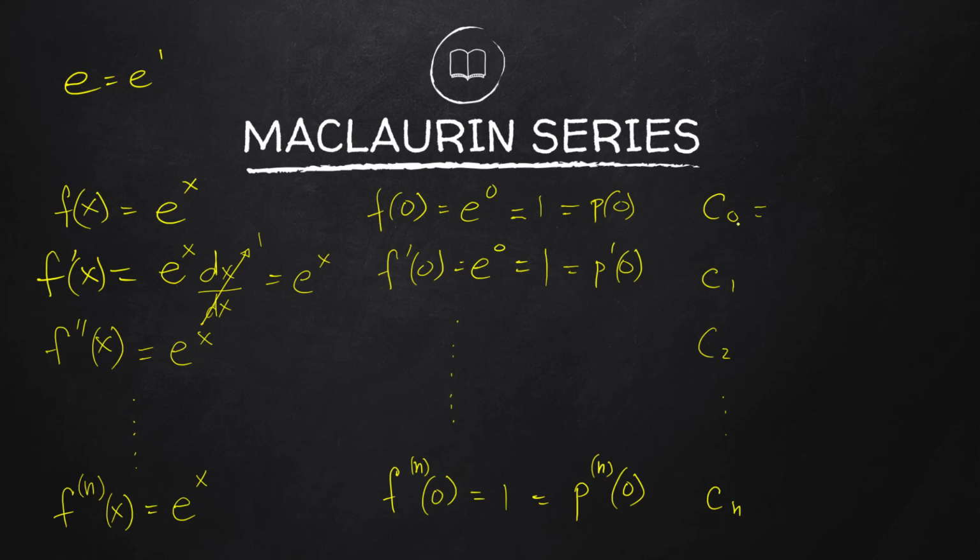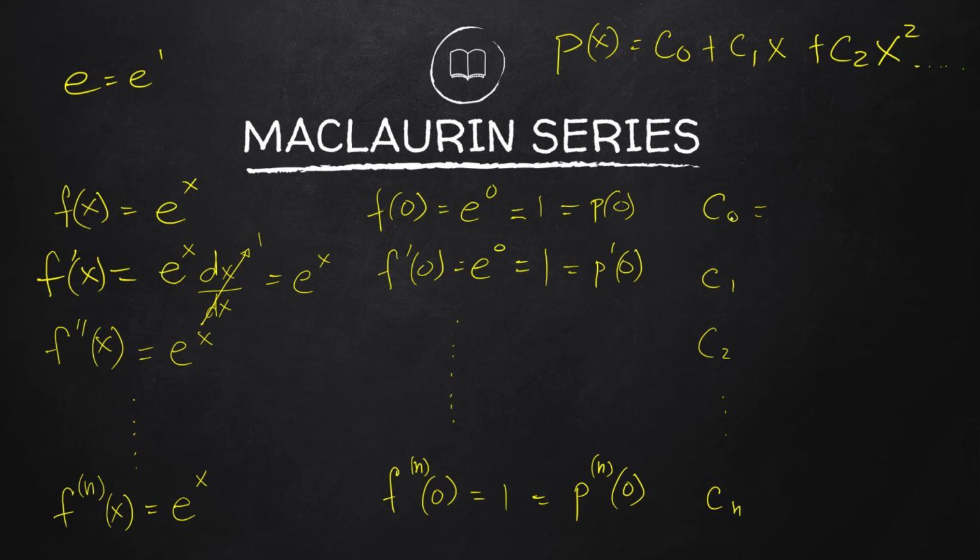Remember that c sub 0 will just be equal to P of 0. That is coming from your approximating function, P of x is equal to c sub 0 plus c sub 1 x plus c sub 2 x raised to 2, and so on and so forth.